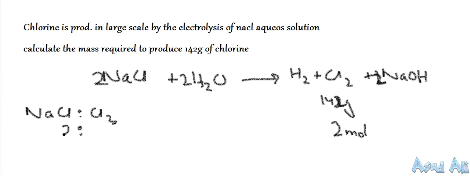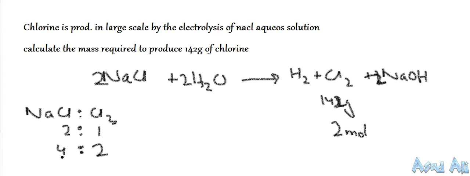That is, 2 ratio of NaCl is used, 1 ratio of chlorine is produced. So if we use 2 mole of NaCl, 1 mole will be produced. So we'll be using 4 mole of NaCl to produce 2 moles of chlorine.